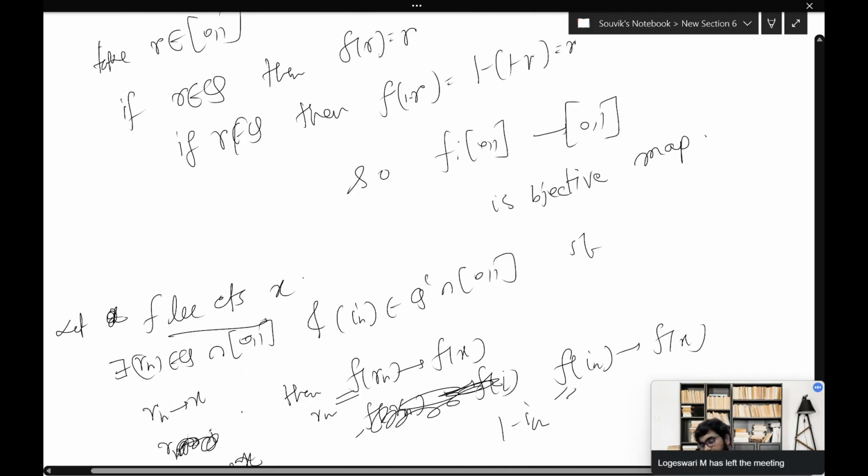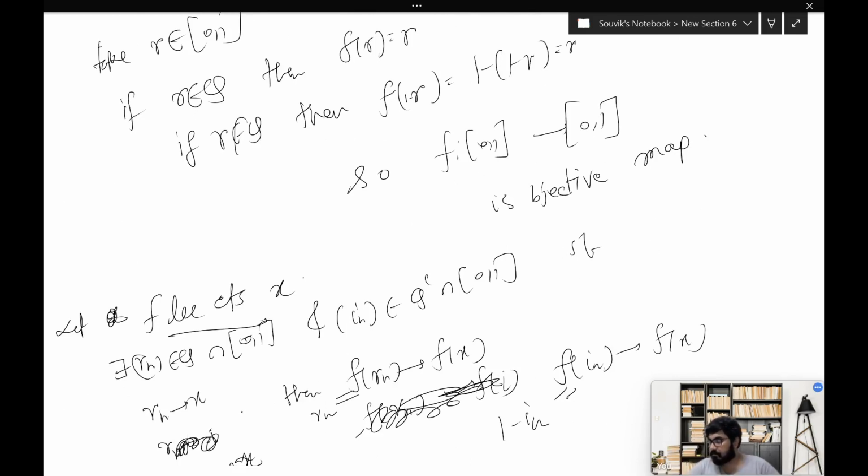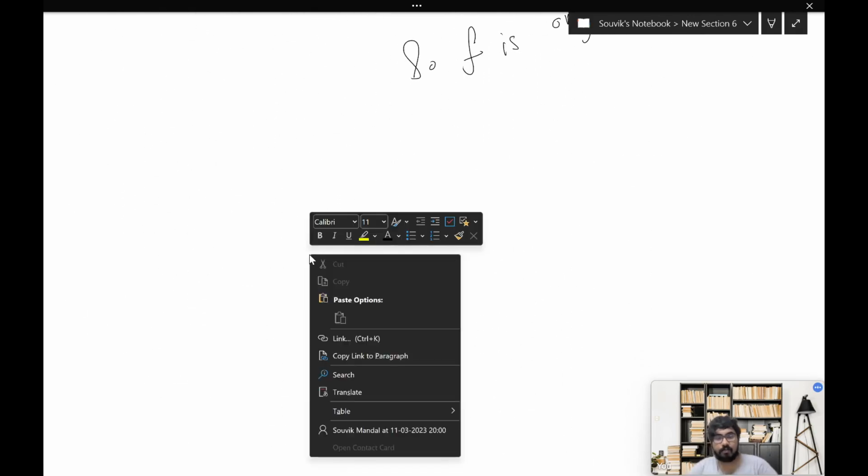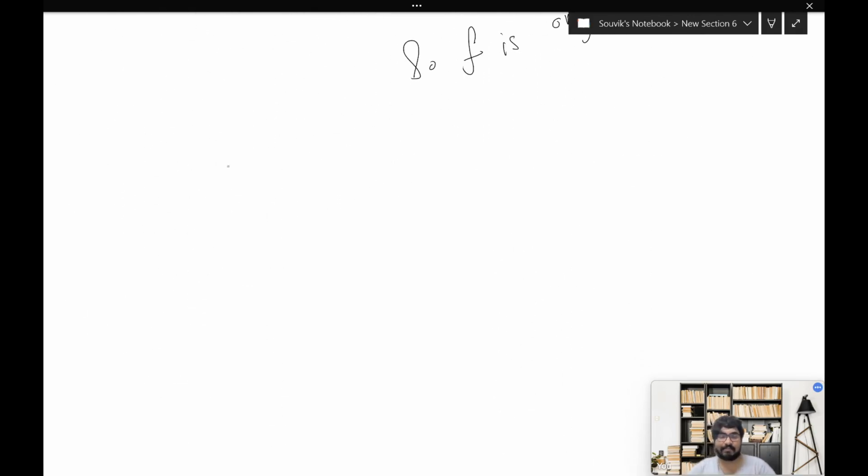So the next problem is the following. Consider the following exercise.